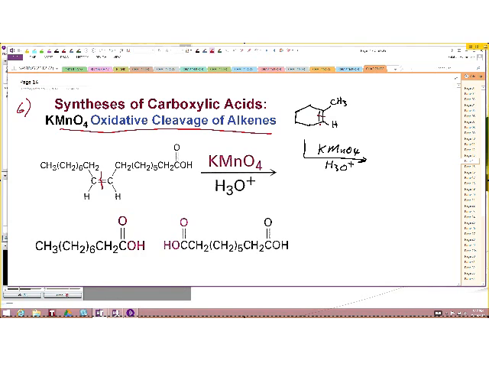This carbon that is attached to a hydrogen becomes the carbon of a carboxyl group, and this carbon here, which has no hydrogen attached to it, becomes the carbon of a ketone.